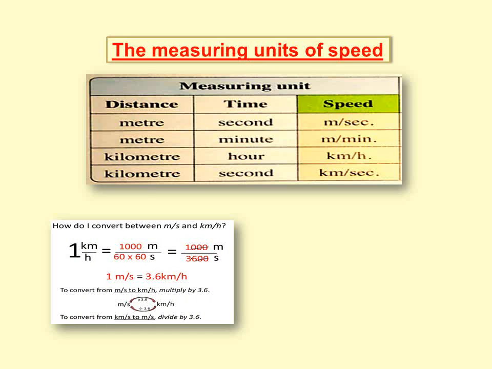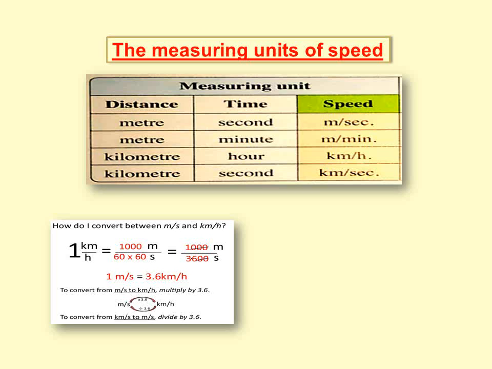Okay, how to convert between meter per second and kilometer per hour? We have here 1 kilometer per hour. We said before that kilometer equals 1000 meter, and to change from hour to second, we have 60 times 60. So we calculate it: 1 meter per second equals 3.6 kilometer per hour.